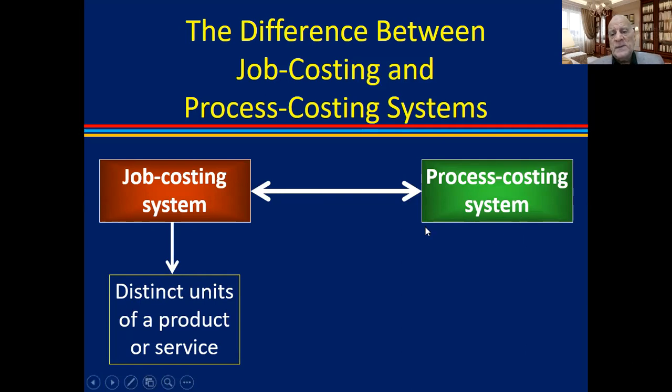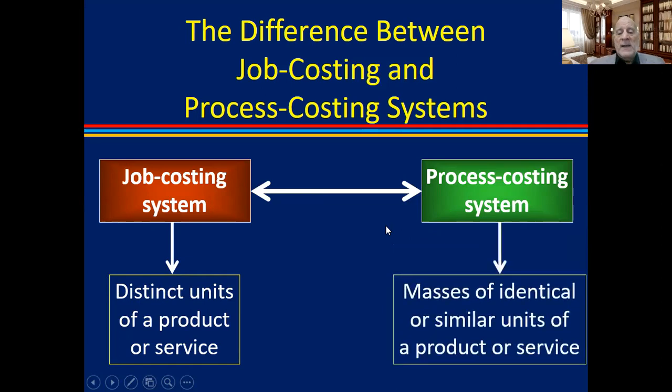But the process costing system is adopted when we have masses of identical or similar units of a product or service. So let us now see the following exhibit, which illustrates the steps followed under the job costing system to determine the cost of each cost object.